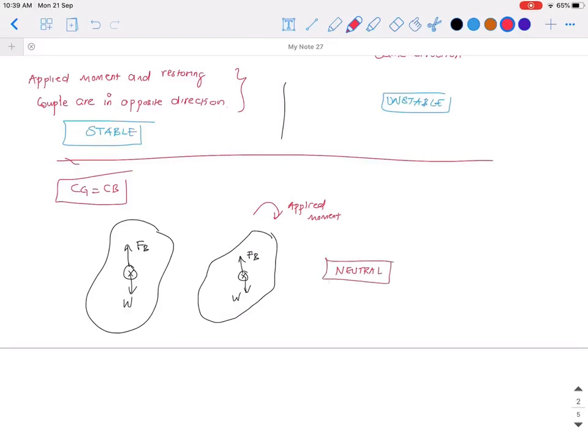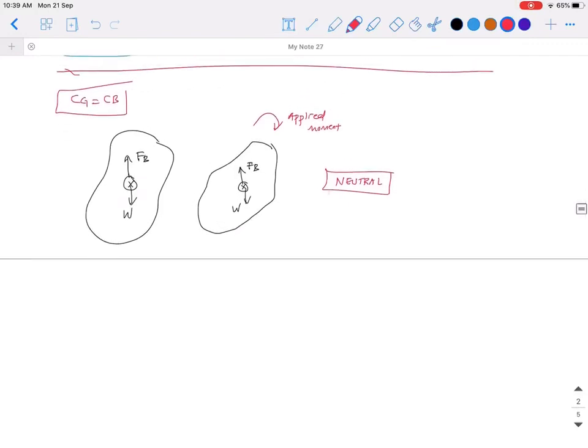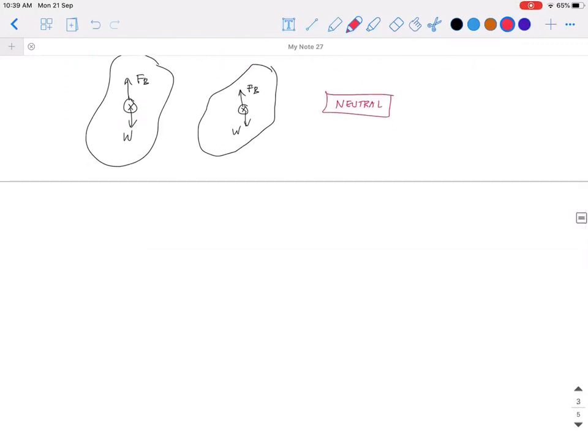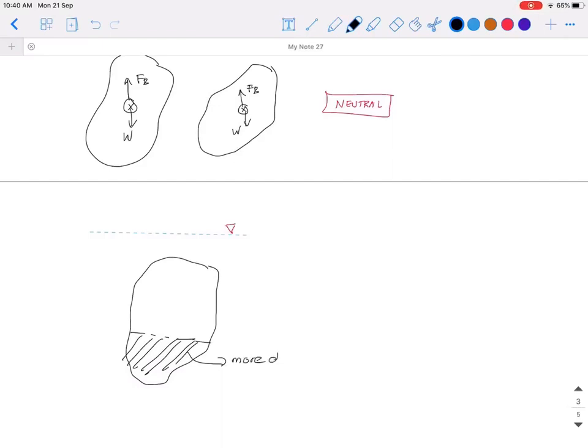Okay, so if we have a body submerged into the fluid, to have a stable configuration, the bottom of the body should be heavier than the top. The bottom should be more dense than the top, so that CG will be below the center of buoyancy.